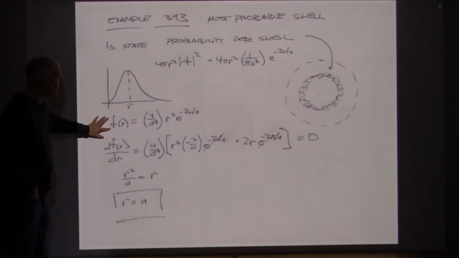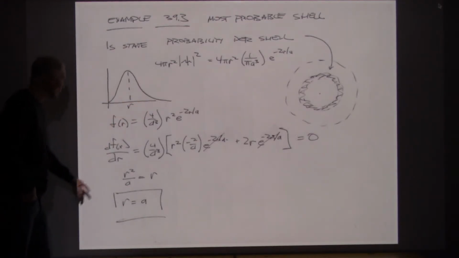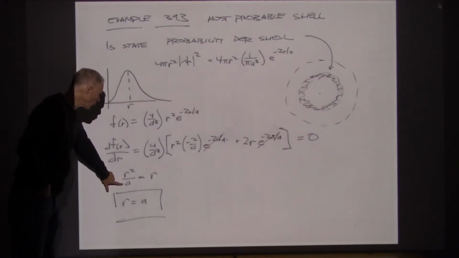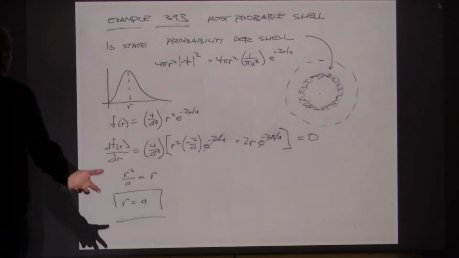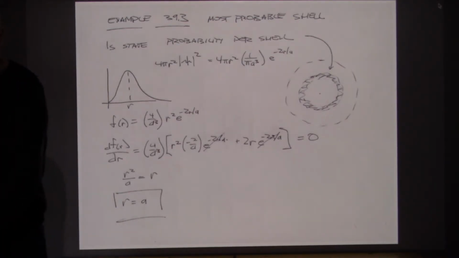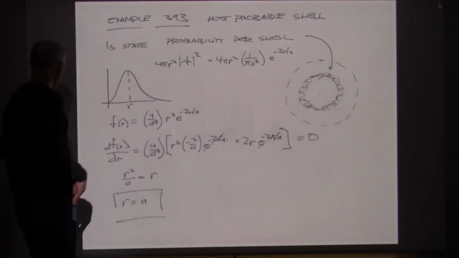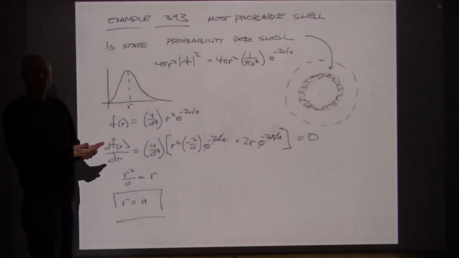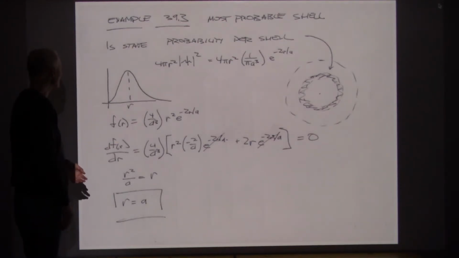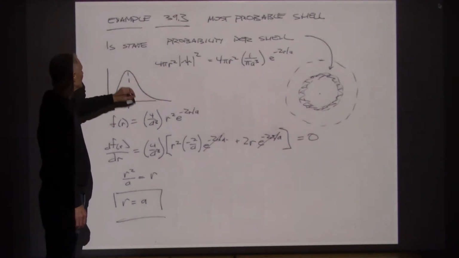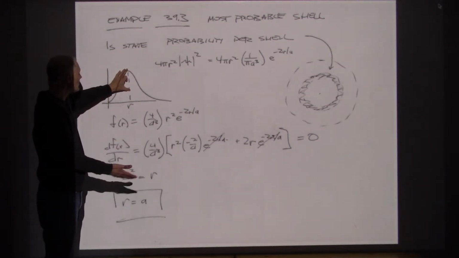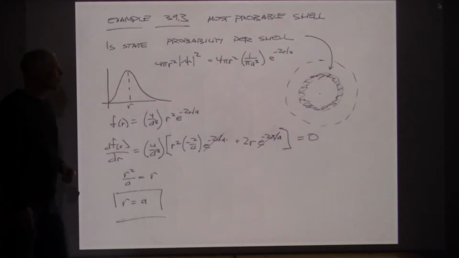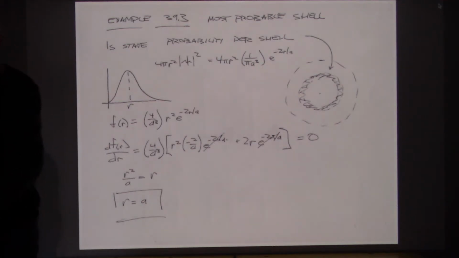Taking a derivative, setting it equal to 0, gives us r squared over a equals r, and says the most probable distance would be at r is equal to a. So the Bohr radius turns out to be, there's not a circular orbit that the electrons are going through, but if I look at the probability distribution per shell, it reaches its maximum value at the Bohr radius.